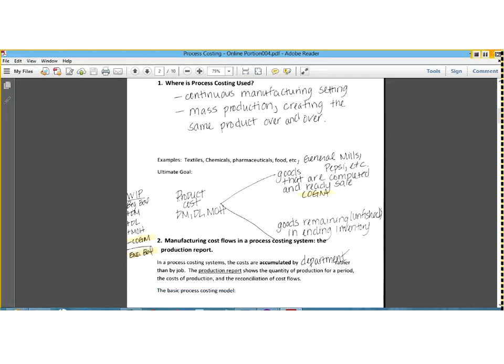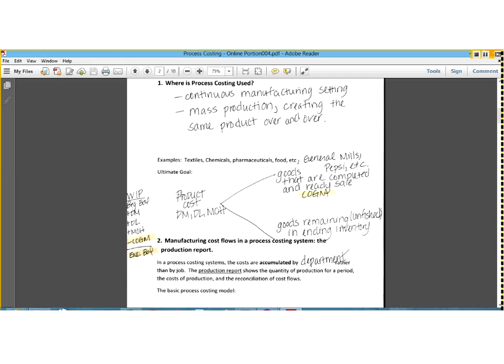And why is process costing a little bit more challenging than job costing? Well, with job costing, we're tracking the cost per unique service. So we know when the product starts and when the product is finished. With process costing, because we're looking at a manufacturing setting, and if you've ever worked in a factory, both of my parents are blue-collar workers, they worked in factories, you have production happening all the time.